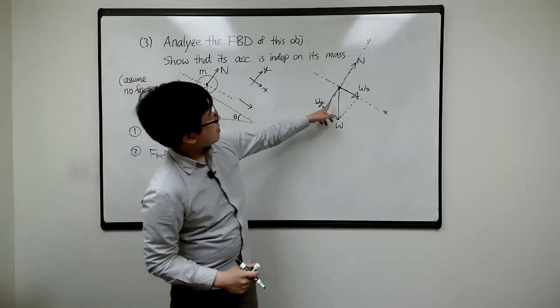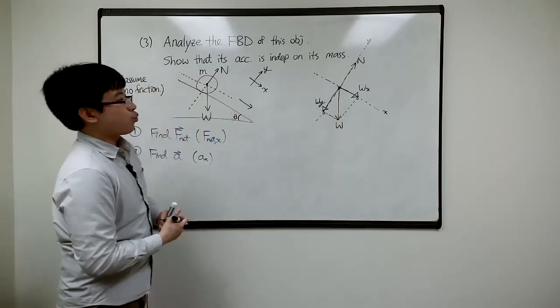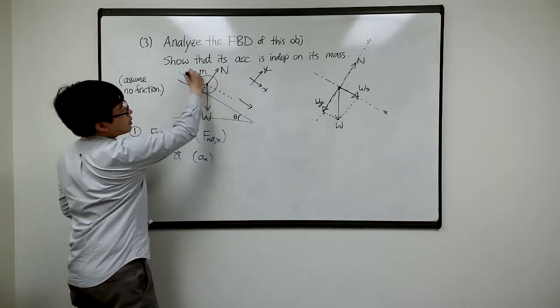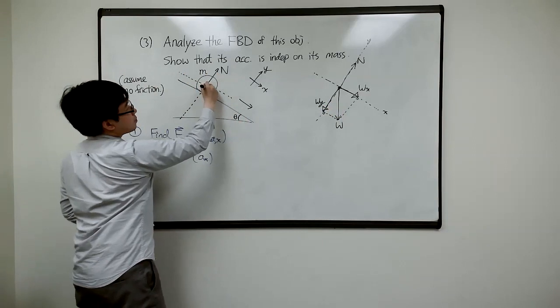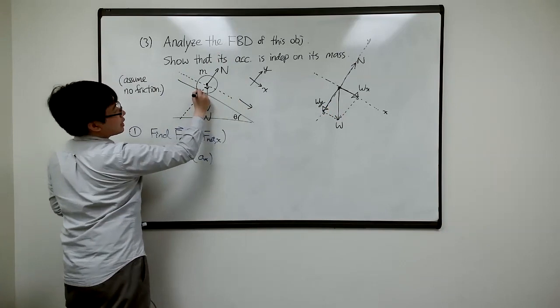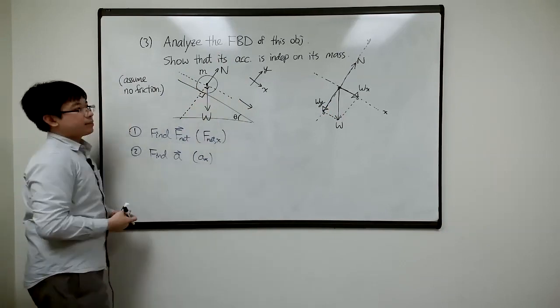Where can I find the theta on here as well? Let's think about it. Here, remember, this is 90 degrees. This is the XY coordinate, which means this is also 90 degrees.